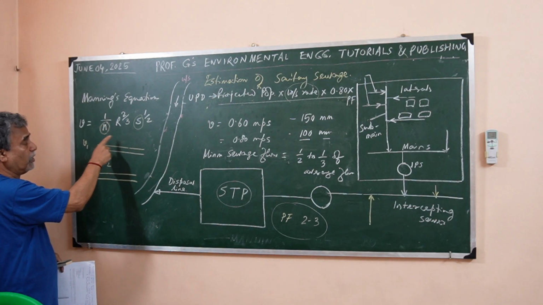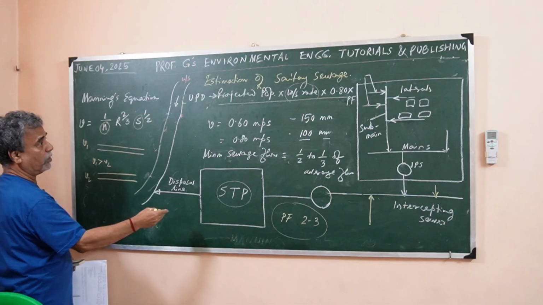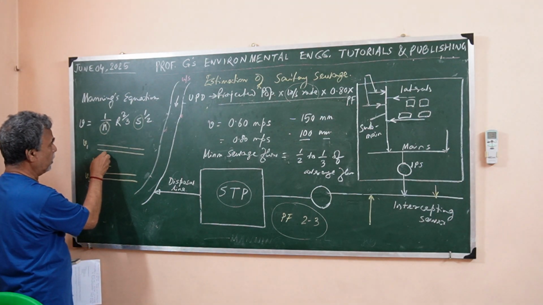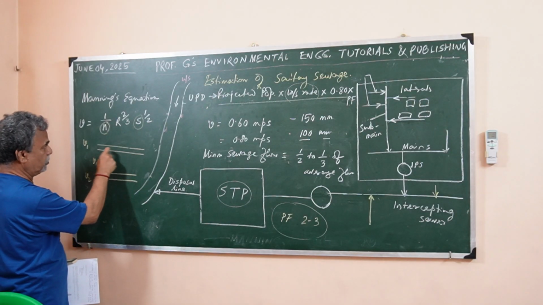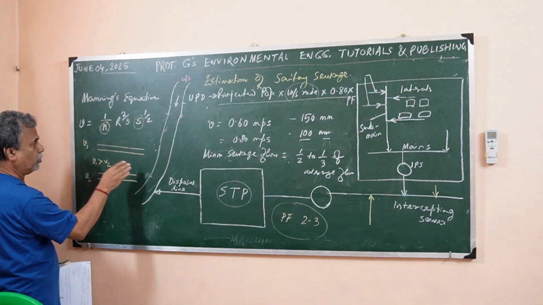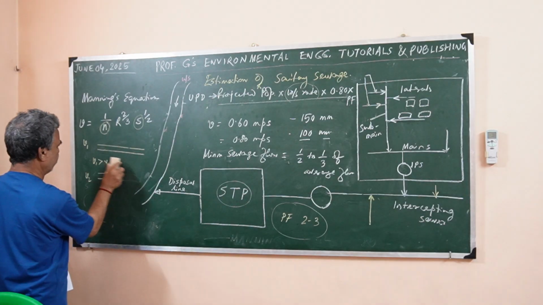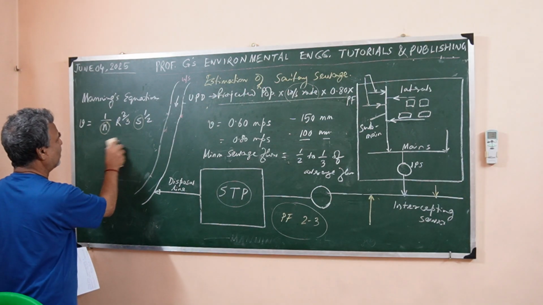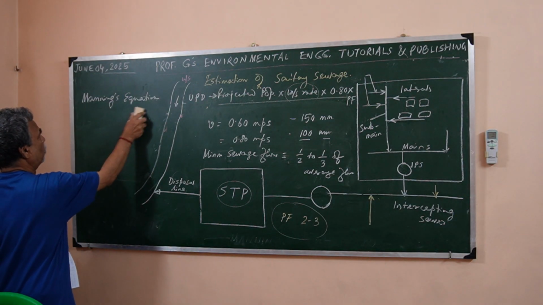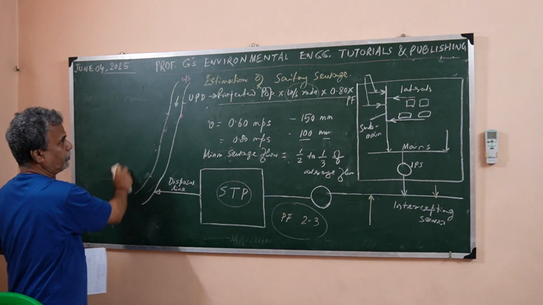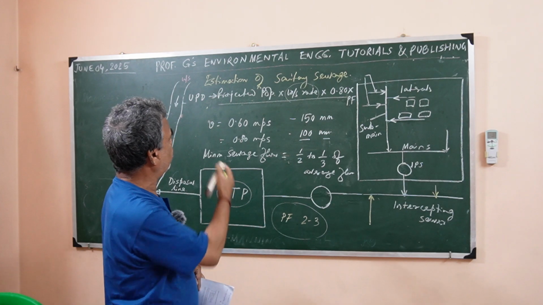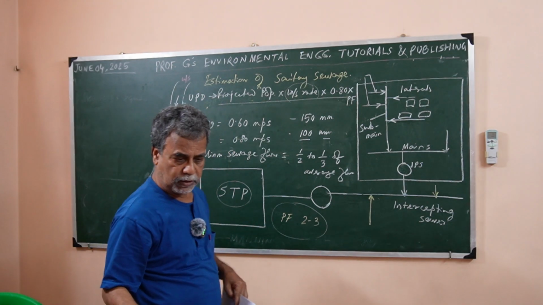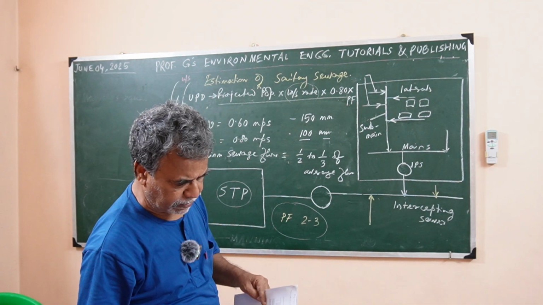And the frictional loss will be more here because of the erosion. Old pipe will have erosion of the inner surface also. So I'm not going further, but we will have to consider this. Accordingly we have to estimate the sanitary sewage, and finally we have to design this one.